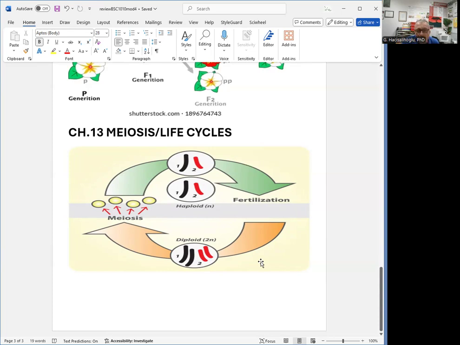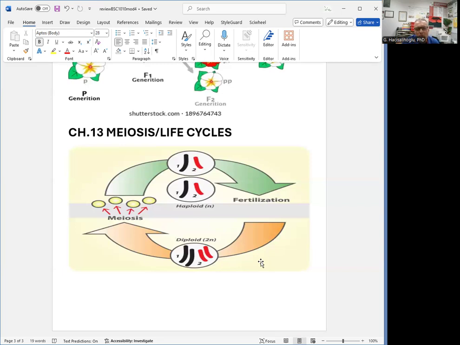We should pay attention to plant life cycles versus animal versus fungi life cycles. Also remember the 10 steps of meiosis: interphase, prophase 1, metaphase 1, anaphase 1, telophase 1, prophase 2, metaphase 2, anaphase 2, telophase 2, cytokinesis again in both cases, and then how the chromosome number is halved.